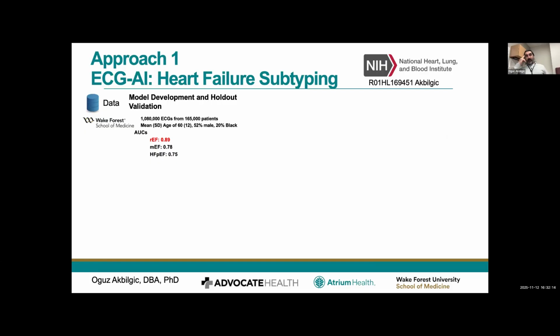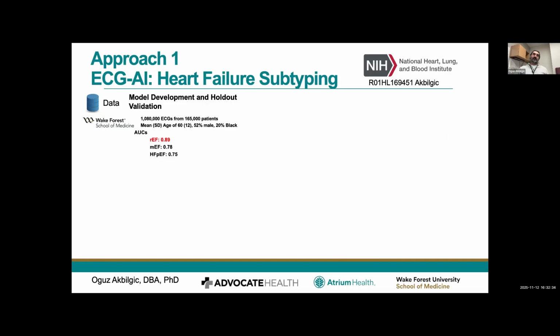We are at Wake Forest School of Medicine, and as many of you know, we merged with Atrium Health and then Advocate Health. We are lucky enough to have built a very large ECG repository of 16 million ECGs linked to millions of patients with their clinical history.